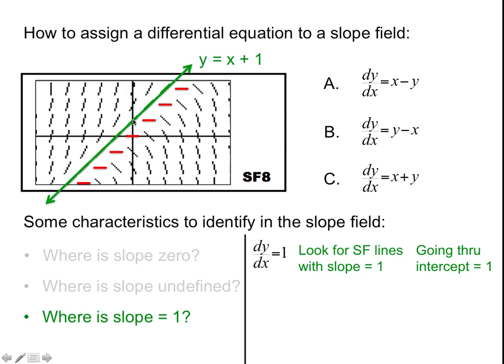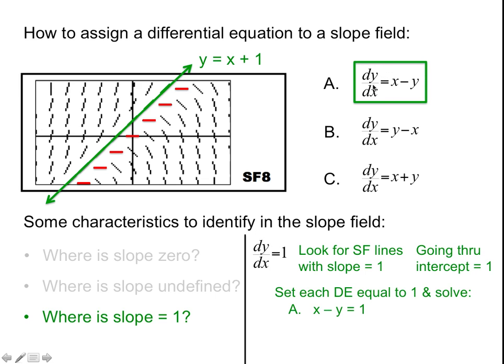If we draw a line along those slope lines, this line has the equation y equals x plus 1. Y-intercept 1, slope of 1. So if we set the slope equal to 1 here and solve each of these for y, and it matches this, then we know that's the equation that fits the slope field.